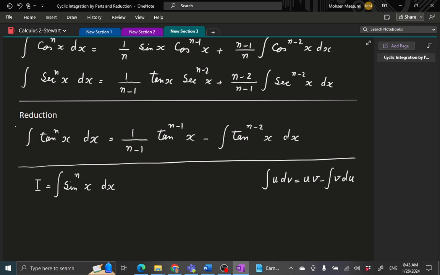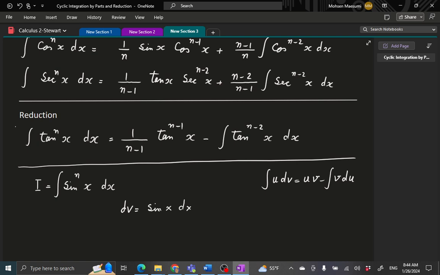And the question is how to choose u and v. So dv, a suggestion that comes through looking at this, will be just sine of x dx, because that is something that I can easily integrate and find what the v is.